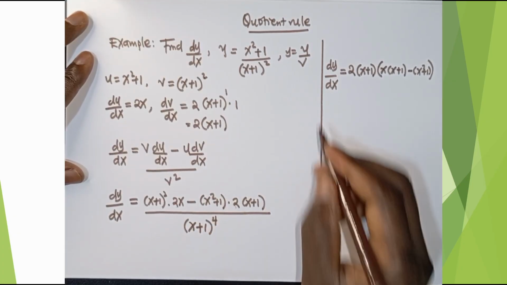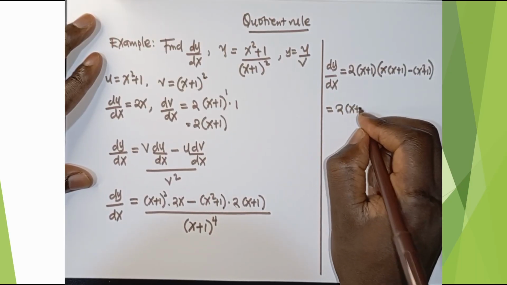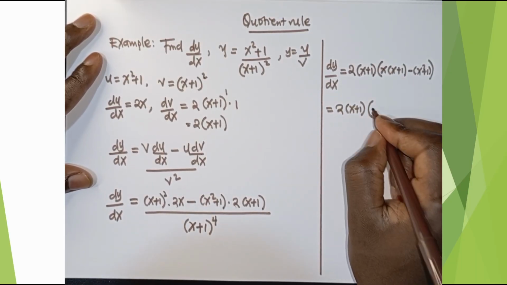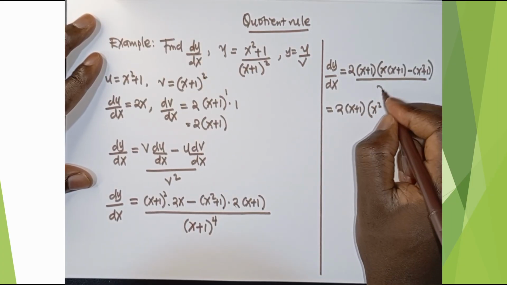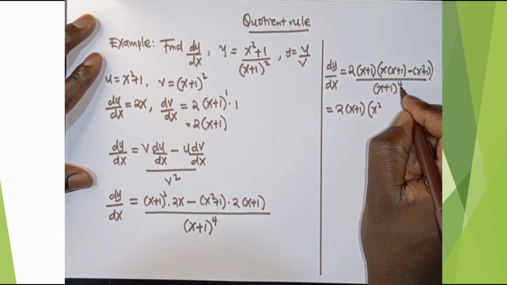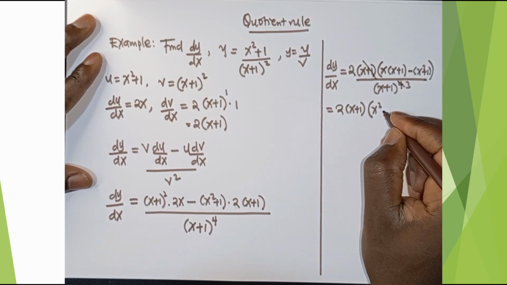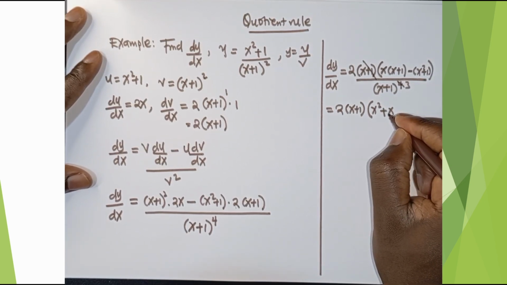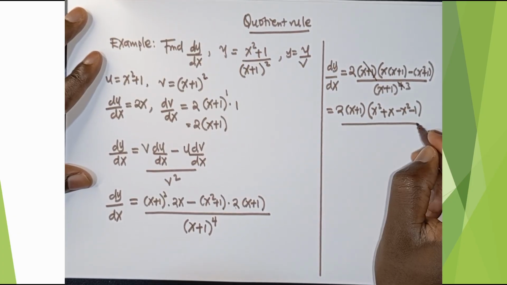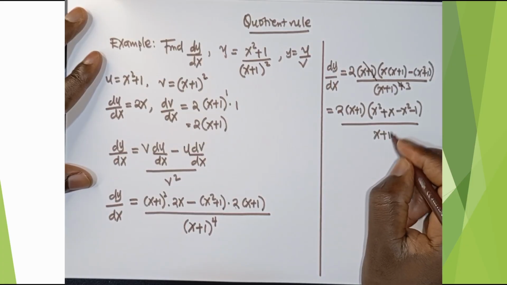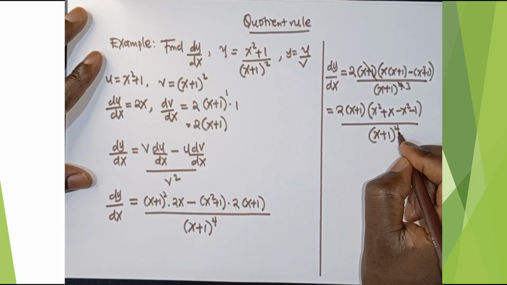So simplifying this, we shall have 2 into x plus 1, into x squared plus x, and then minus x squared minus 1, everything out of x plus 1 to the power 4. One of them will go, but the power we haven't reduced yet, so let us first put it as 4.